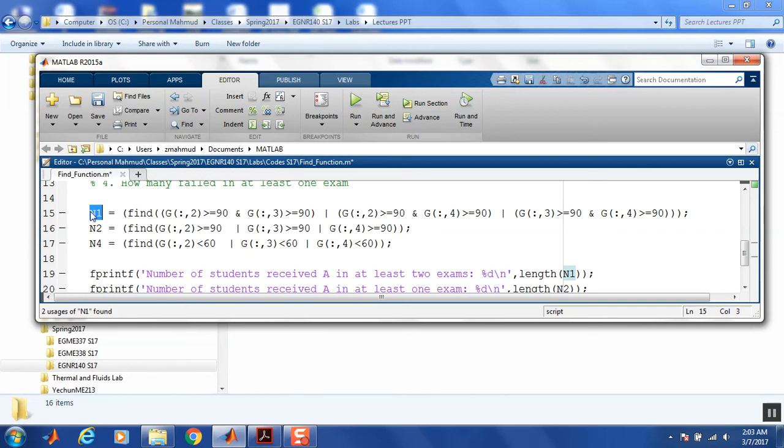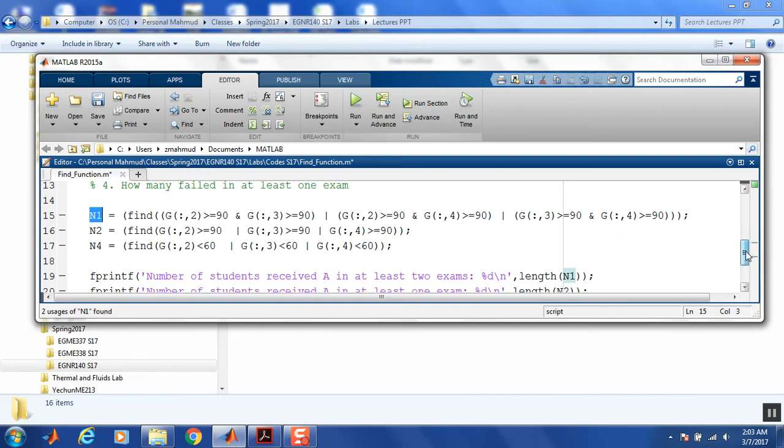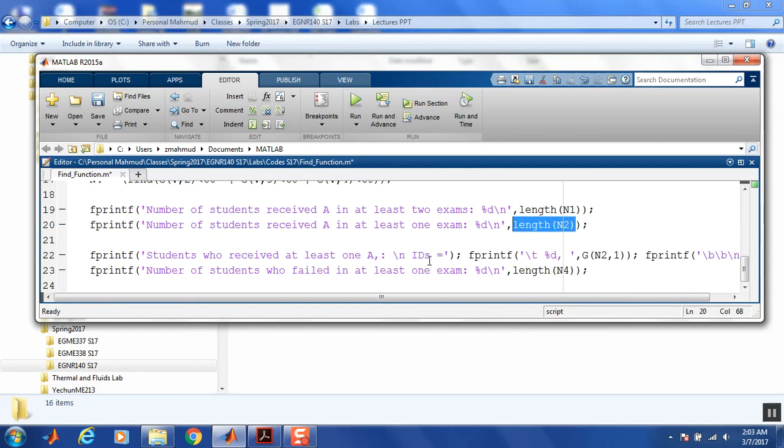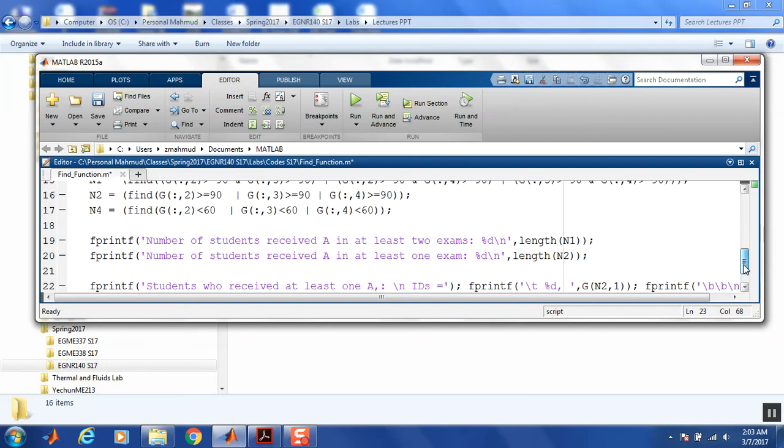Then this N1 would be 2 and 4. But my question is how many students, so I have to use the length command, length of N1, that tells you how many students received at least 2 A's out of 3, and then length of N2 is how many received at least 1 A, and then the last one, length of N4, which is how many failed in at least one exam.